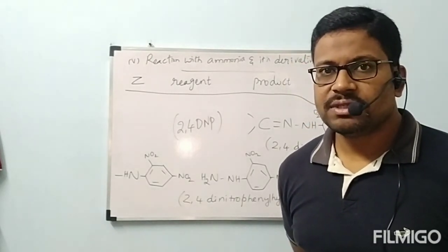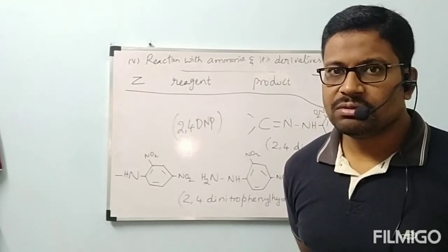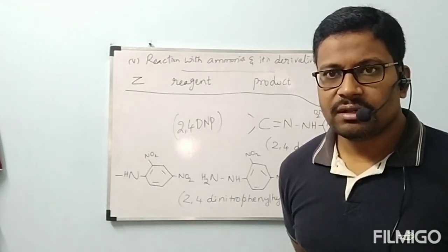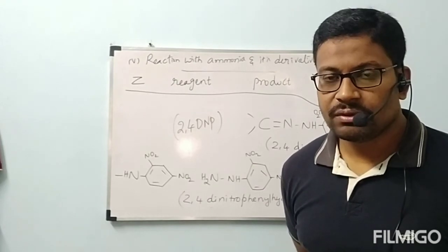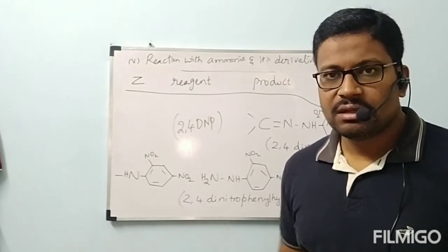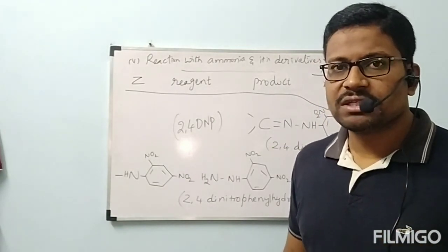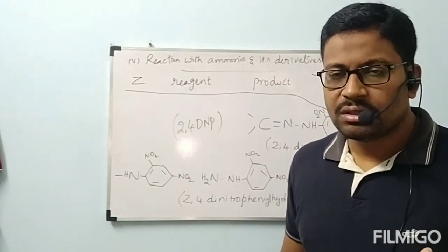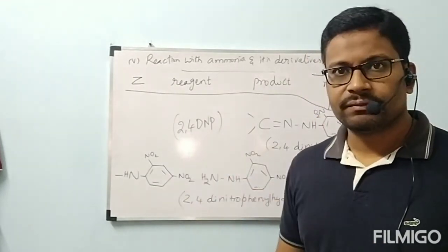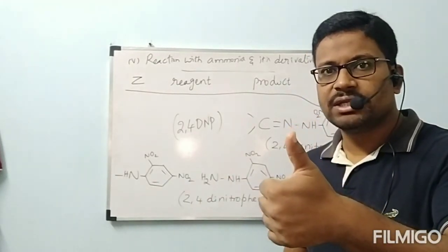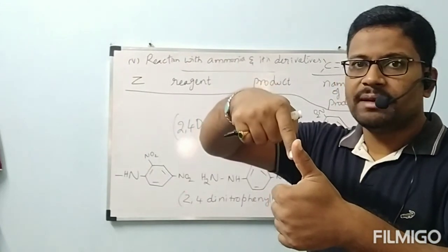Now, what is the use of this one? Many functional groups will be there. Out of that, which functional group we have to know? They will give one compound to us. That compound contains which functional group? That one we want to know. So we will check with 2,4-DNP. The given compound is taken in a test tube. To that I will add 2,4-DNP.